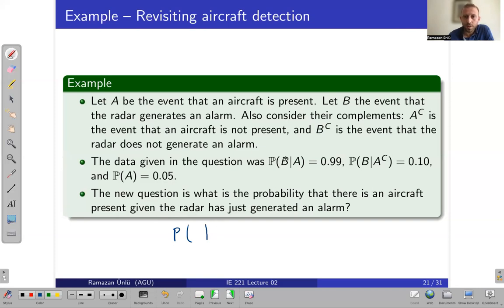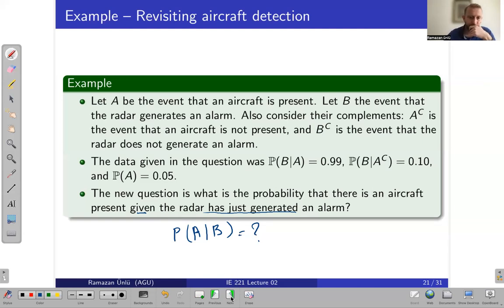B is given: the radar has generated an alarm, and I am asked for the probability of A, right? So this is the question.